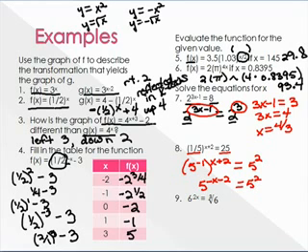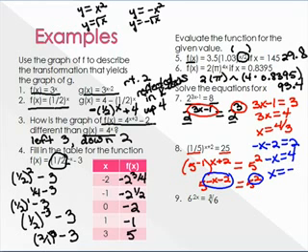They both have a base of 5. So we're going to ignore that base and just set the exponents equal. So if negative x minus 2 is equal to 2, then I'm going to add 2 and then divide by negative 1. So negative 4.